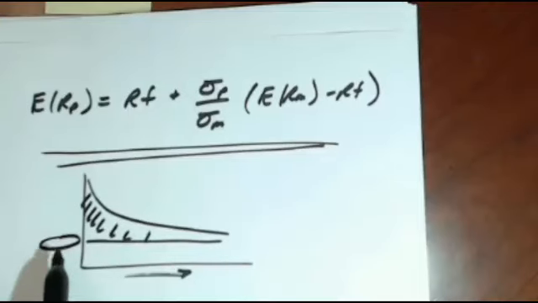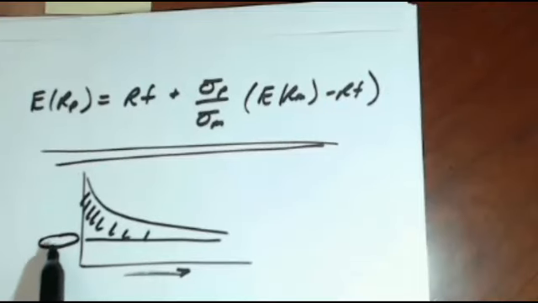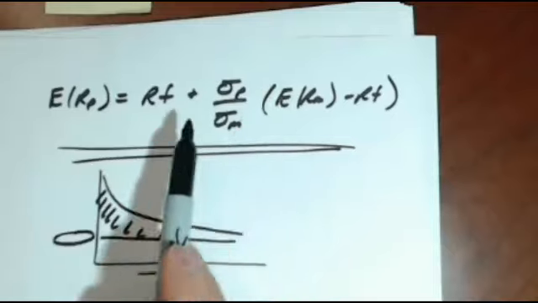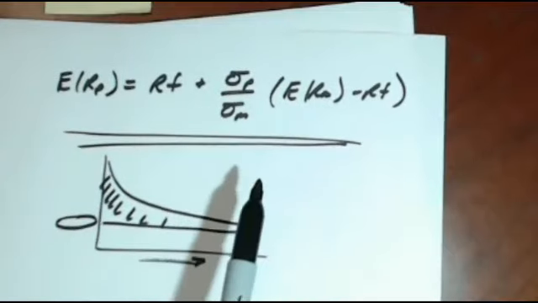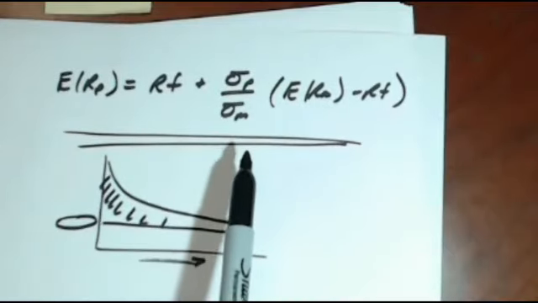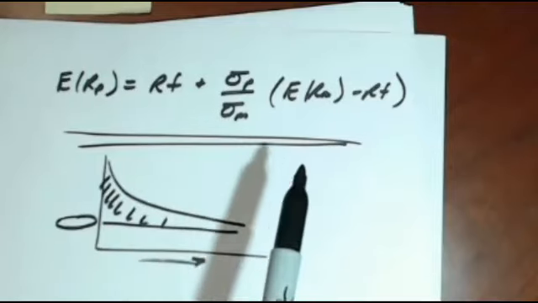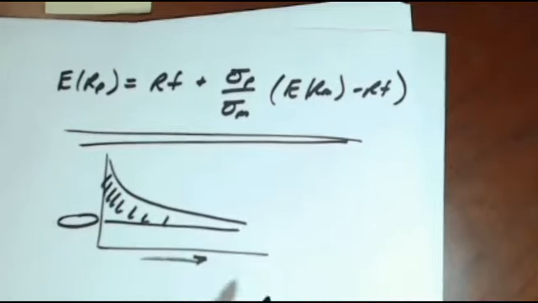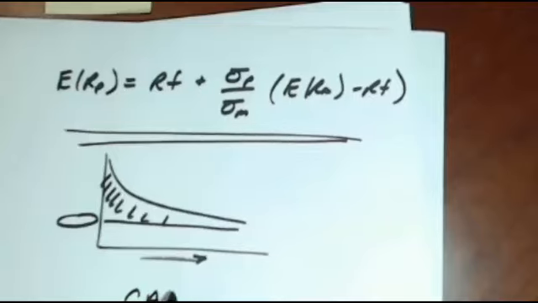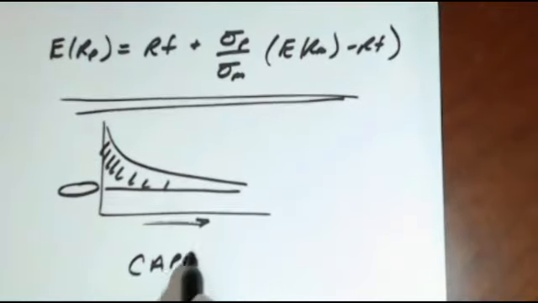Again, we need to figure out a way to measure this systemic risk. Right now, we don't have a good way of measuring that systemic risk at this point. And that's where we want to go, and that's where the capital asset pricing model comes into play.